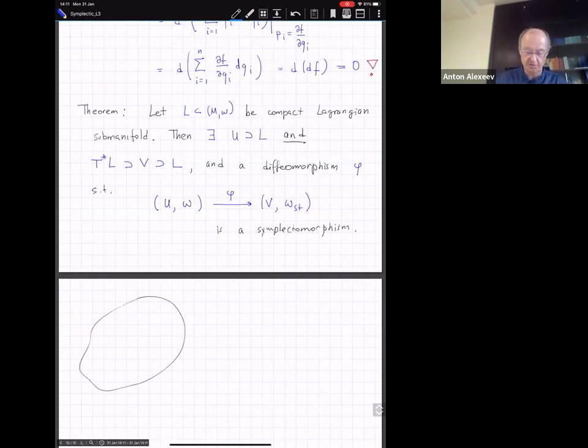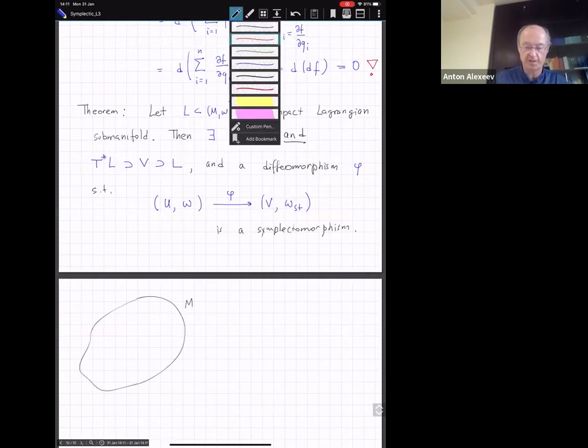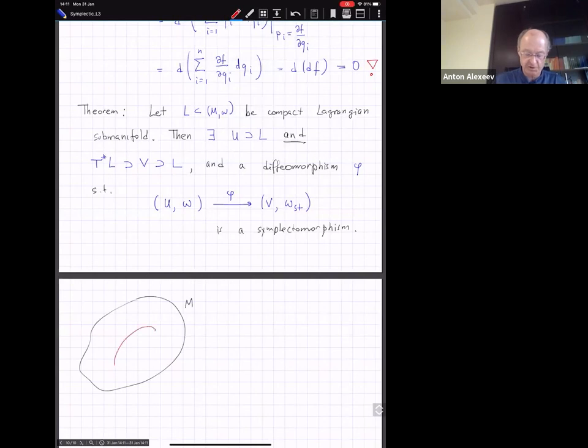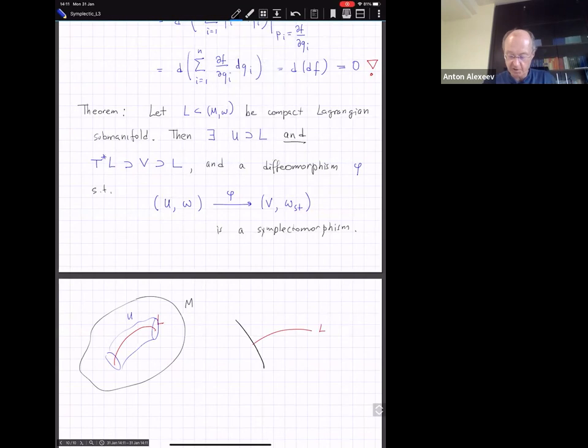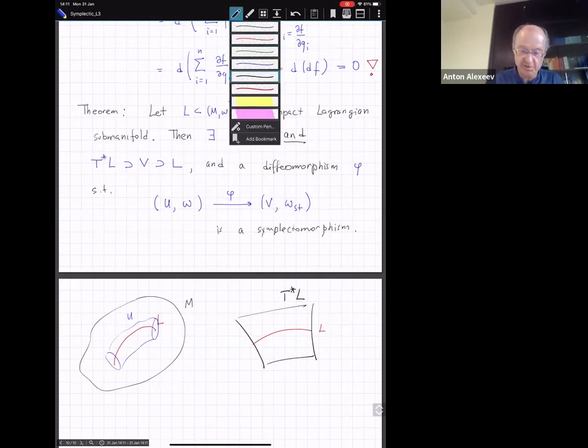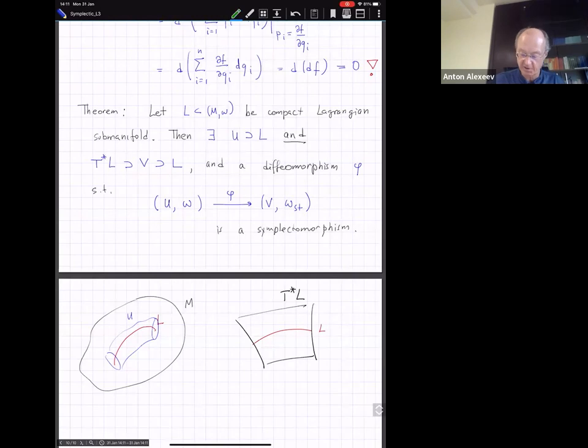You have your manifold M, and inside M is sitting a Lagrangian L. Then you find this tubular neighborhood U, such that you can identify it with a tubular neighborhood of L in some standard manifold with a standard symplectic structure, T*L.